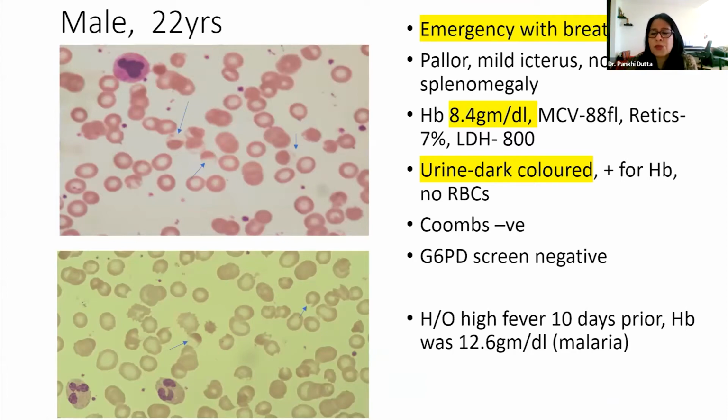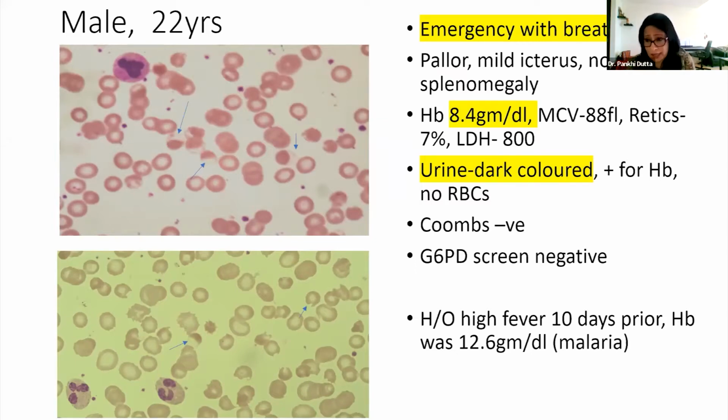So this was a 22-year-old male who presented to the emergency with breathlessness. As you can see, there's icterus, pallor, low hemoglobin, LDH is high, retics is also slightly high if you correct it for the degree of anemia.